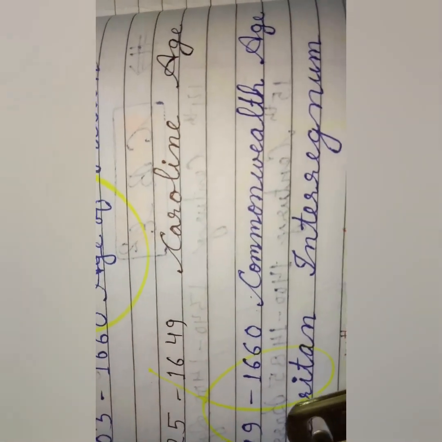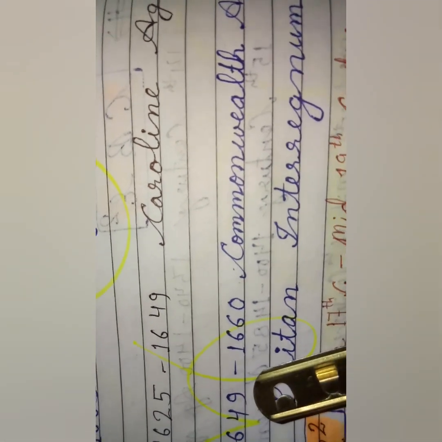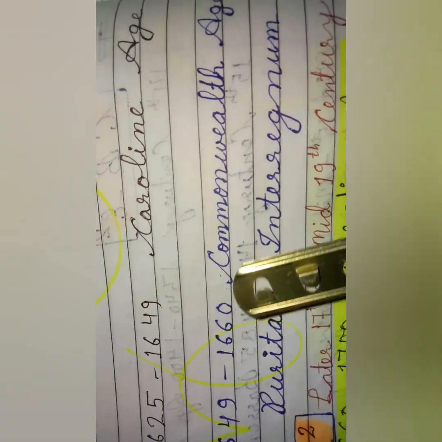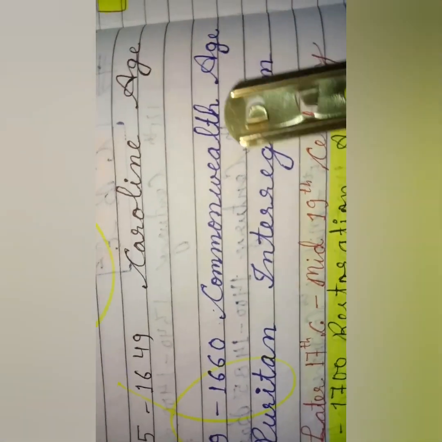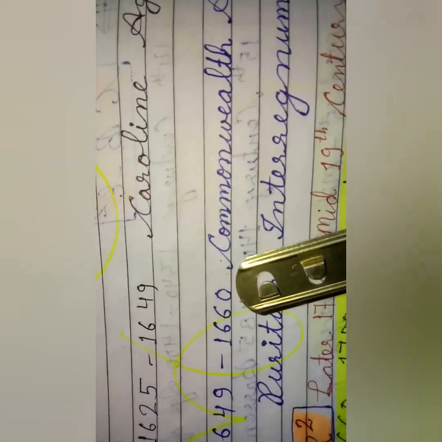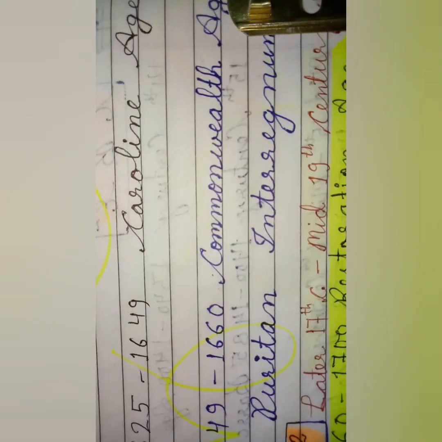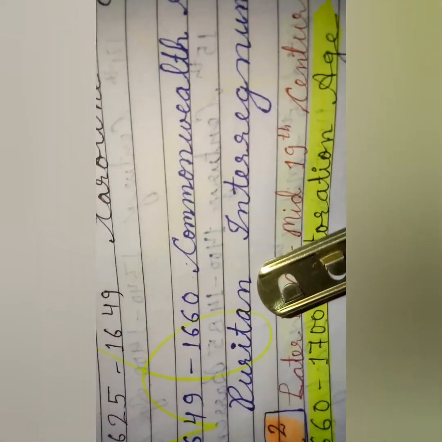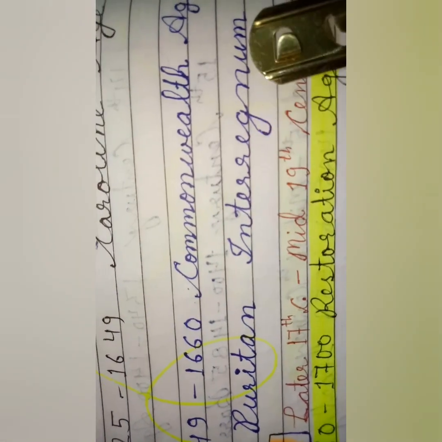The next C stands for Commonwealth age, 1649 to 1660. This Commonwealth age time period is also known as the Puritan interregnum.